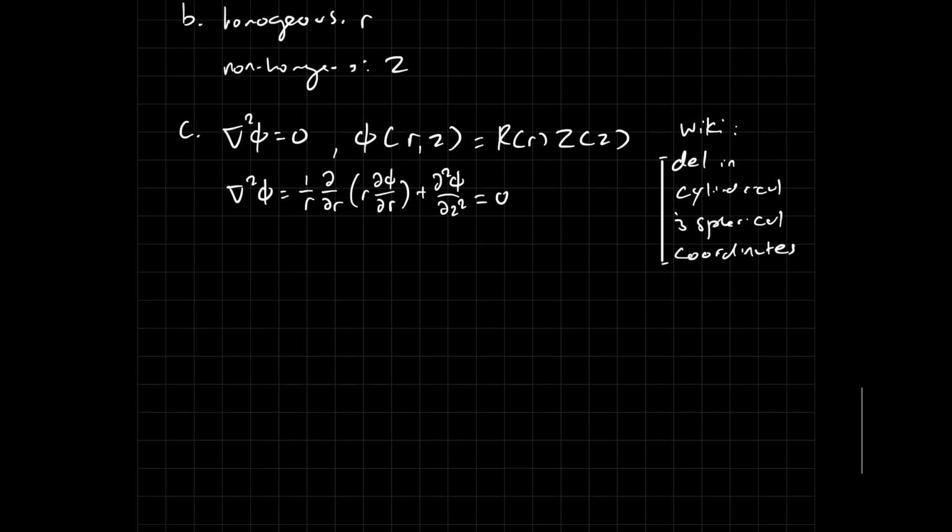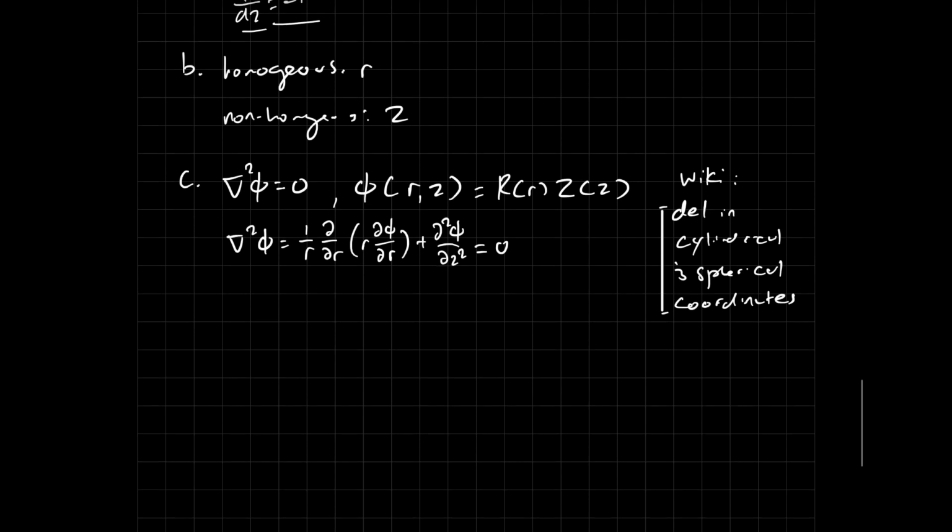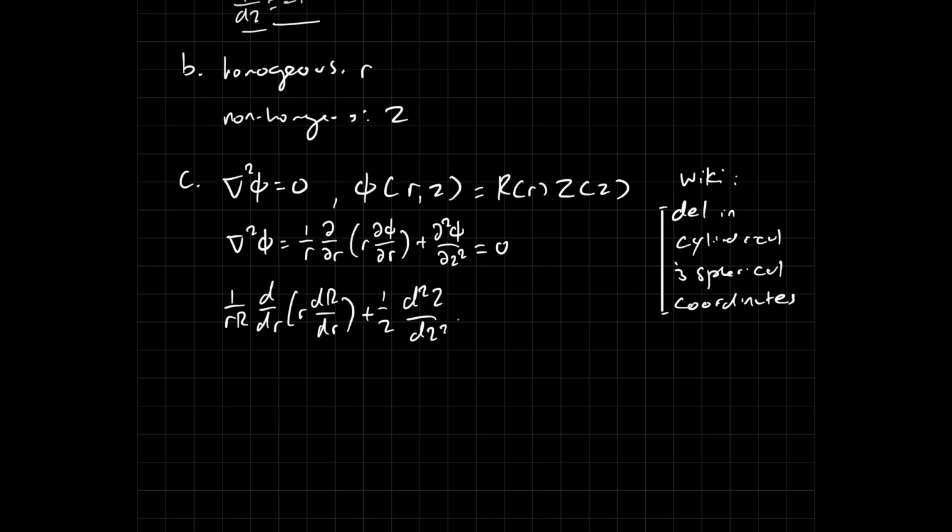And now we just follow the similar step to the first problem we did and plug in our equation here and directly try to separate them. So let's plug it in, and then we will be getting 1 over r d/dr of r dR/dr, plus 1 over Z d squared Z/dz squared equals 0.